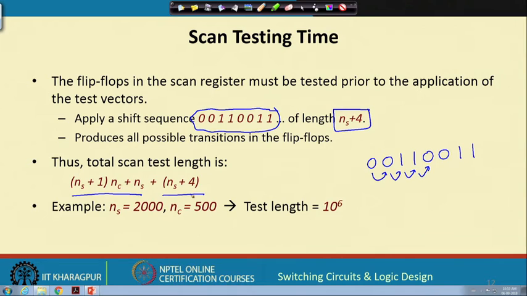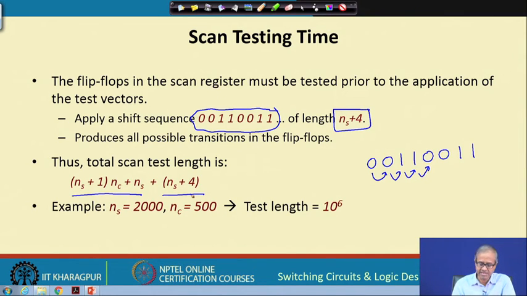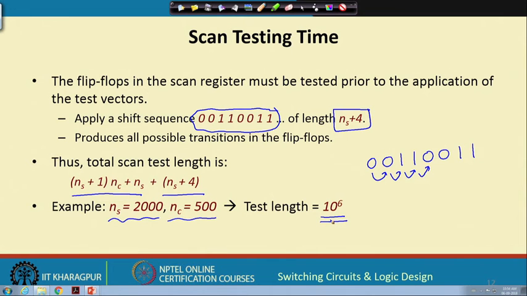So, the total scan test length will be what you have already seen earlier, plus this. As an example, if there are 2000 scan flip flops and 500 test vectors, if we multiply, the test length becomes about 1,000,000. But it is not really much.